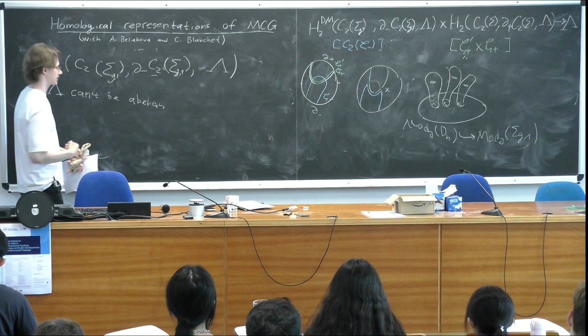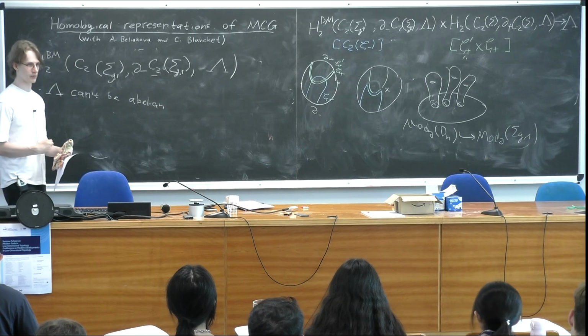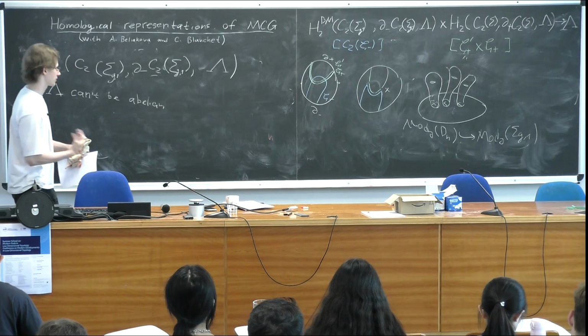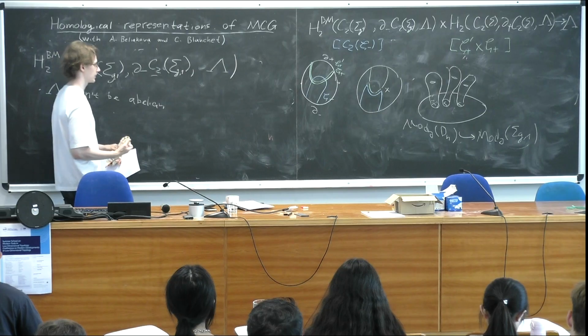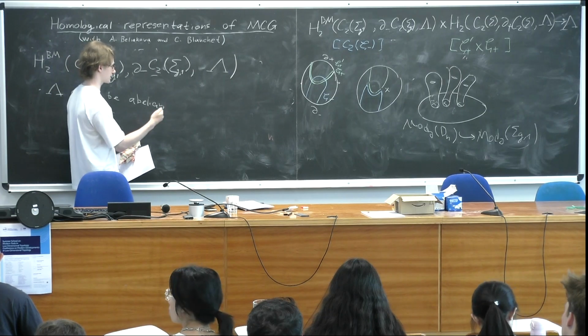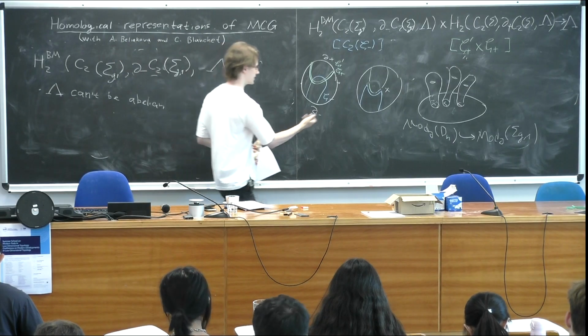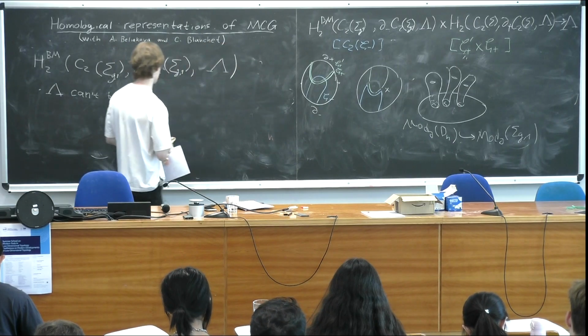Because it means that we must look at a homomorphism from the surface braid group to some abelian group, and restricted to the disk, it kills all possible parameters.